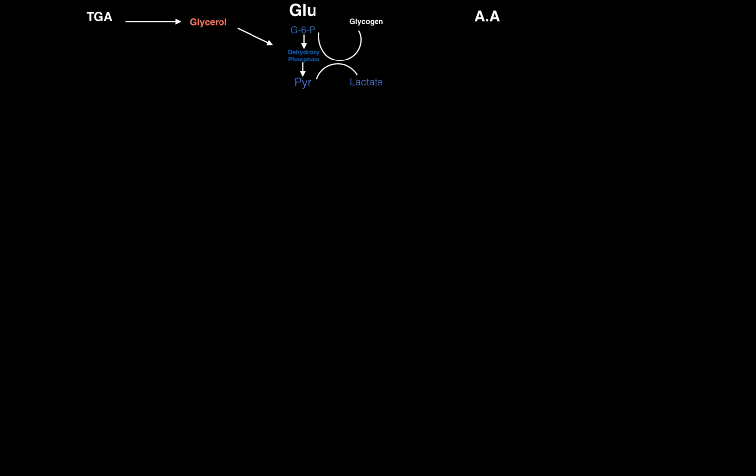It can come from RBCs, red blood cells, because they have no mitochondria, so they cannot break pyruvate further, and they need to convert it to lactic acid. Or during exercise, it can come from muscle, okay?